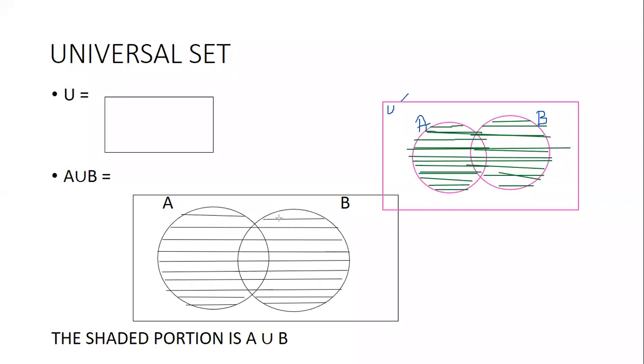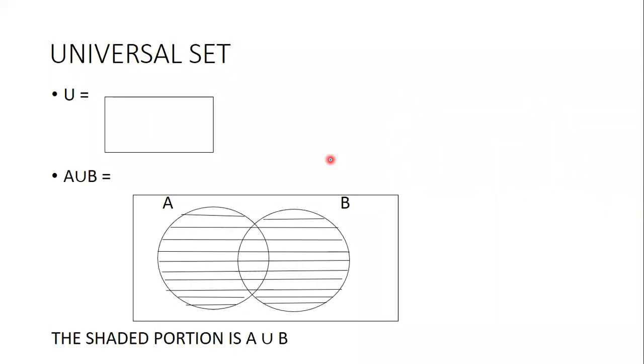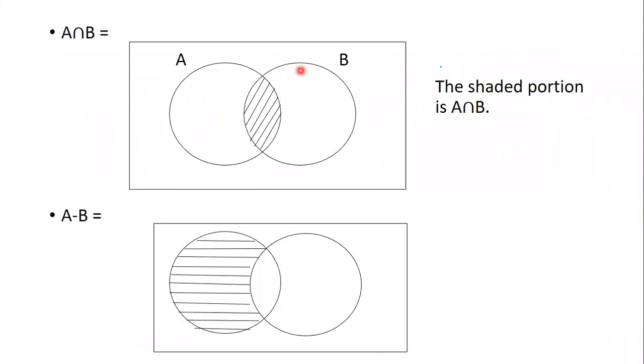Okay, now let us go to the next type. So we understood what is A union B. We understood what is universal set also. Now going further, next is A intersection B. In A intersection B, first of all, what do you mean by intersection?